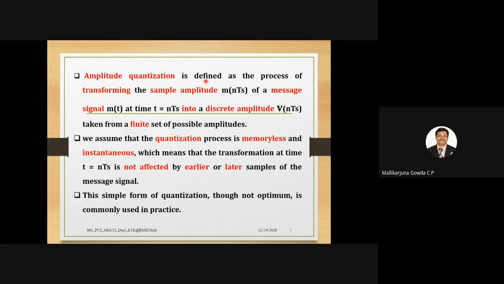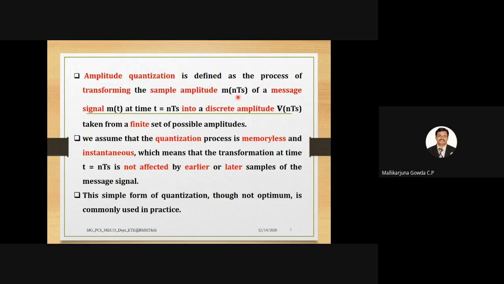So this is the way we define amplitude quantization. It is a process of transforming the sample amplitude m of nTs, where n can be 1, 2, 3 and so on.